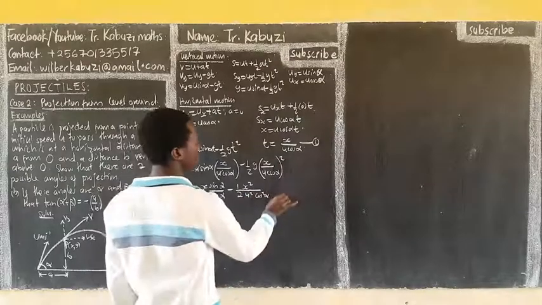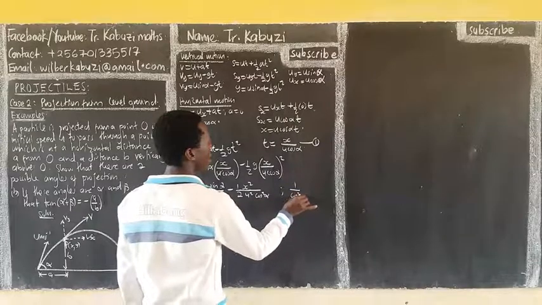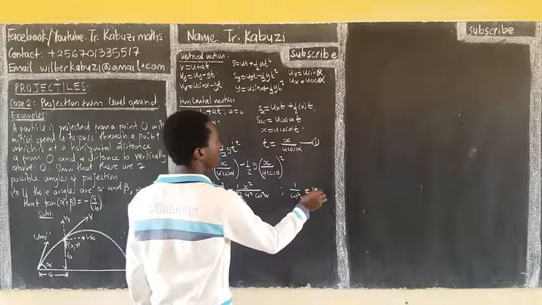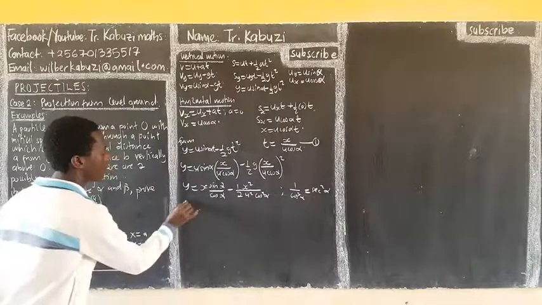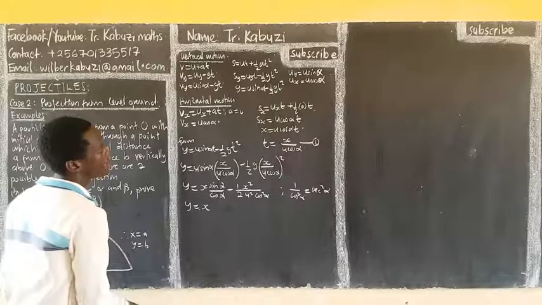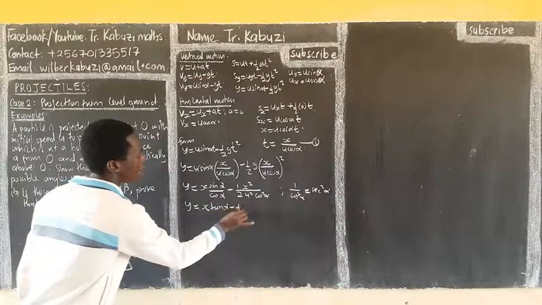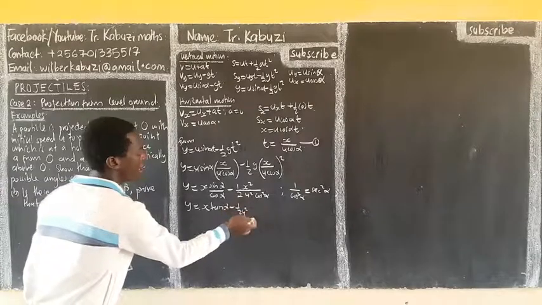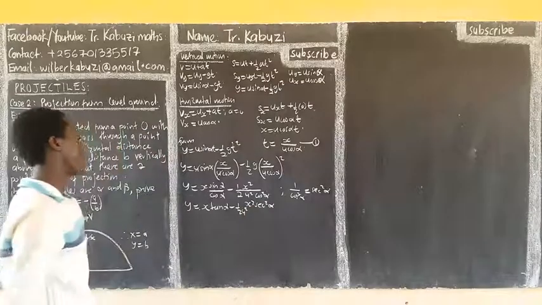But you note that 1 over cos squared alpha is equal to sec squared alpha when you take it up there. So this will be y equal to x tan alpha, then minus g over 2u squared, then x squared sec squared alpha.